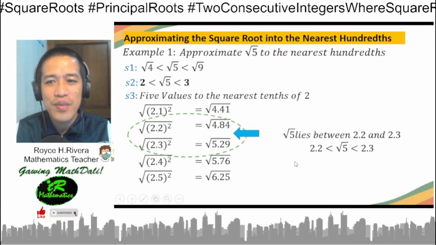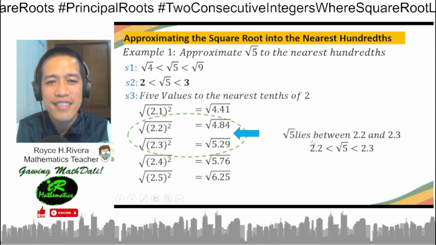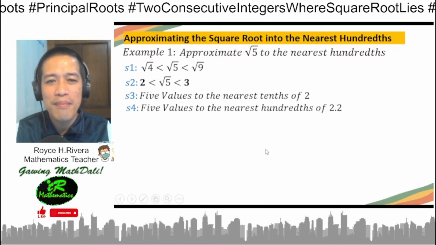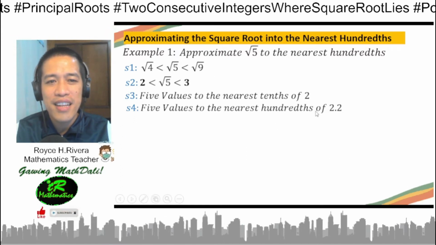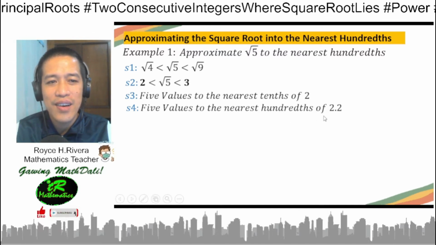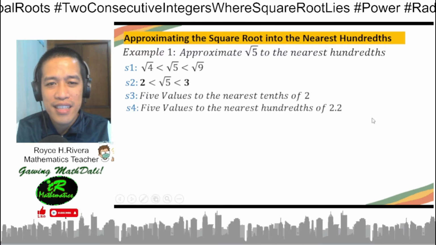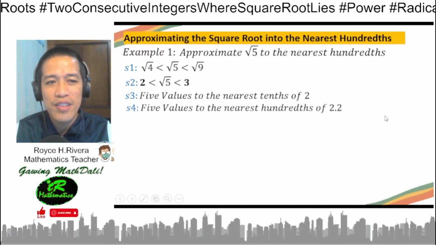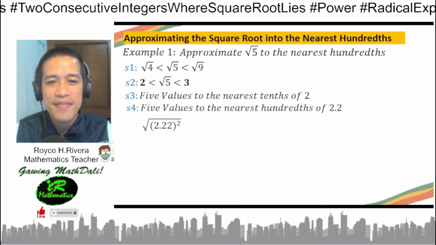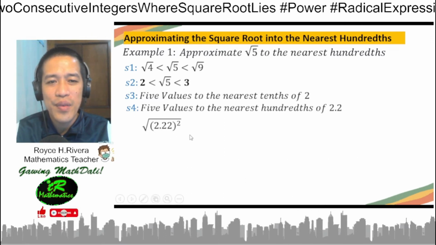So let's proceed to step number 4, further estimation. We will follow the same pattern as step number 3, but this time, we will list 5 values to the nearest hundredths of 2.2. So, this time, I will start with 2.22 until 2.26. So, we write the square root of 2.22 quantity square.